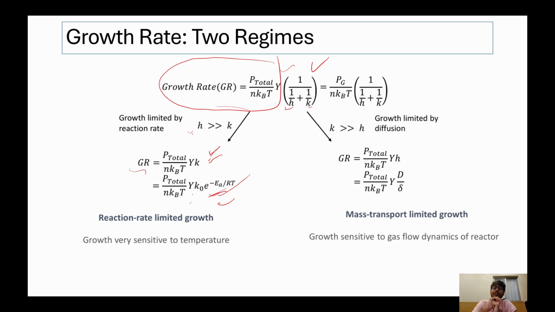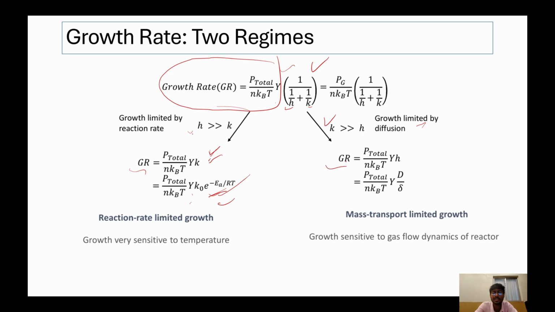And the other regime is if the reaction rate is much faster than your diffusion coefficient or Henry's constant. In this case, growth rate is limited by the diffusion, because you do not have enough concentration of your material at the interface, but your reaction rate is much faster.